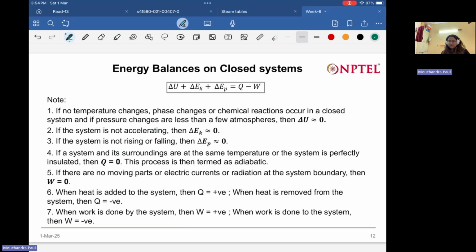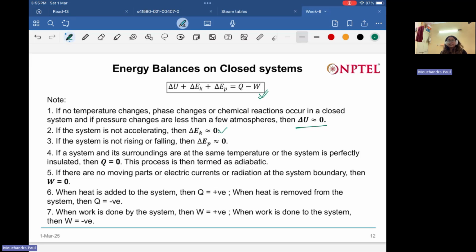Now, in this particular expression, there are some ways to simplify it under some circumstances. If there is no change in temperature, no phase change or chemical reaction occurring in the closed system, then the change in internal energy, delta U, will be zero. If the system is not accelerating, meaning there is no net velocity or acceleration associated with that particular system, then the change in kinetic energy will be zero.